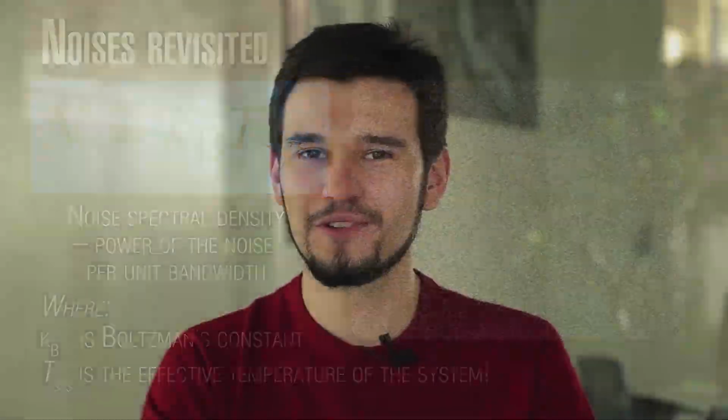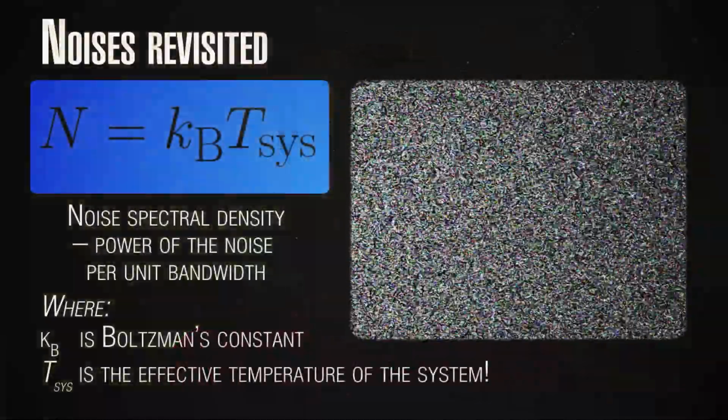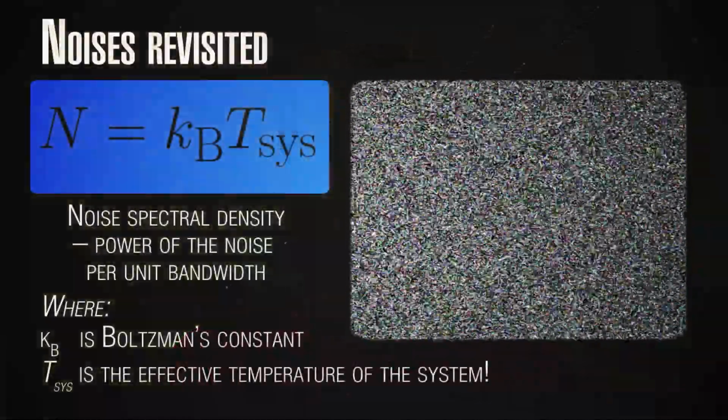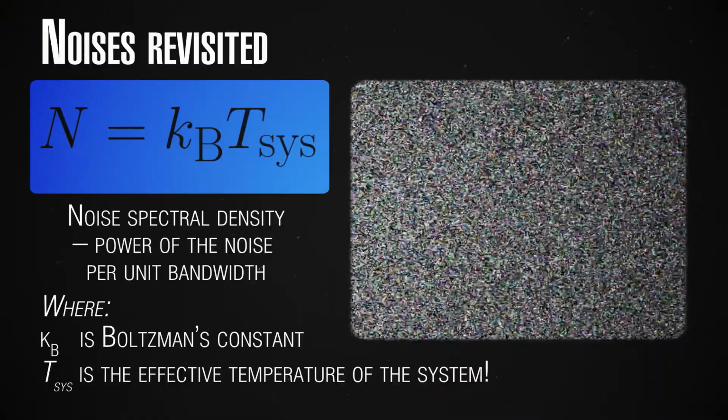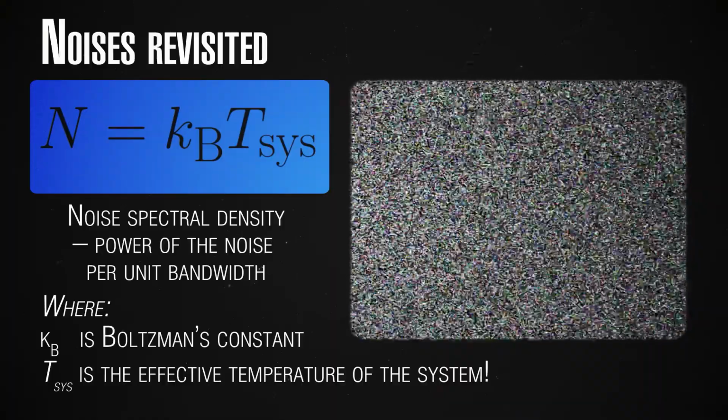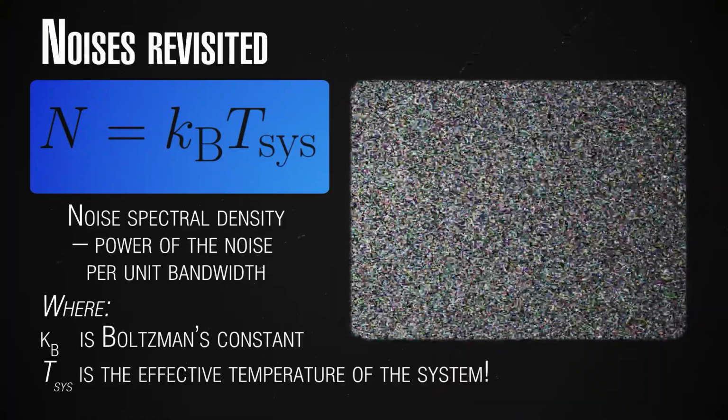So the formula which we're going to use will always be the Nyquist noise formula. So this is always the thing which we're going to be looking at. The noise spectral density is equal to Boltzmann's constant times the temperature. And this temperature, for our purposes, will be an effective temperature. It will not be the physical temperature of the device.